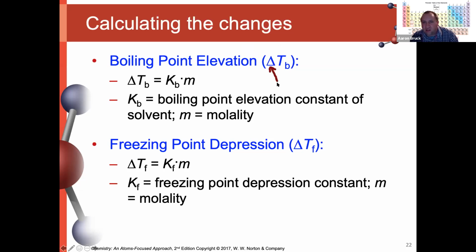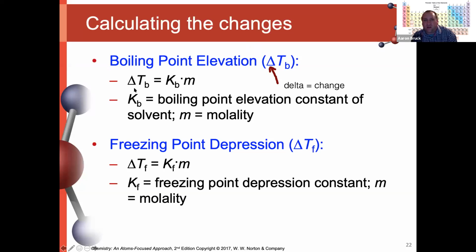Anytime you see that Greek letter delta, that indicates that something is changing. In this particular case, what is changing is TB, the boiling temperature. Down here, we see delta TF, so we see a change in the freezing temperature. That's what TF refers to.